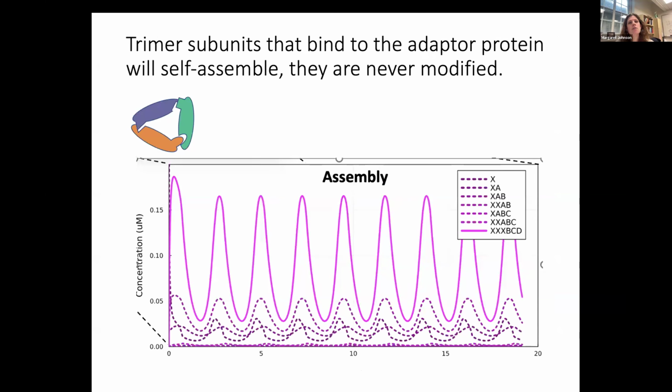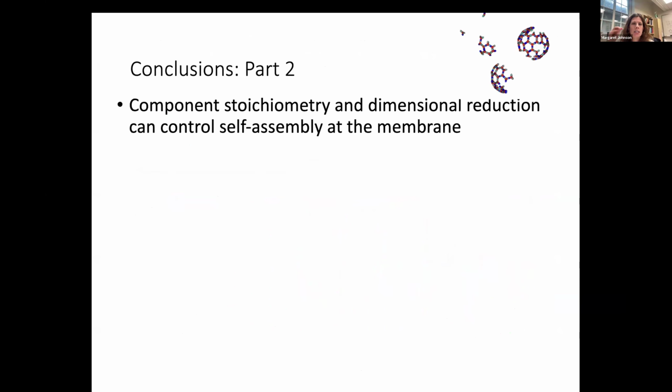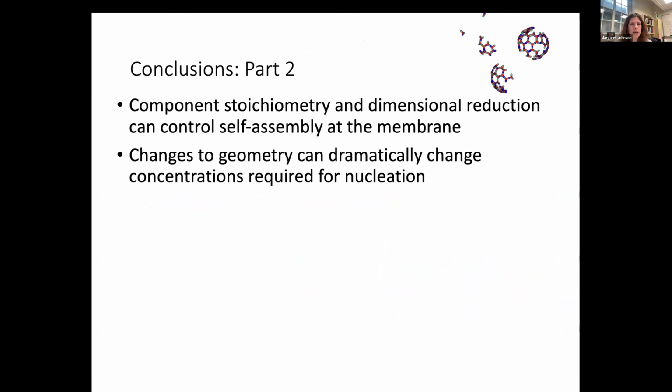And you can couple it to self-assembly, and therefore actually get assembly to oscillate as a function of space and time. So to conclude the whole talk, the stoichiometry and these dimensional reduction can really control self-assembly at the membrane.